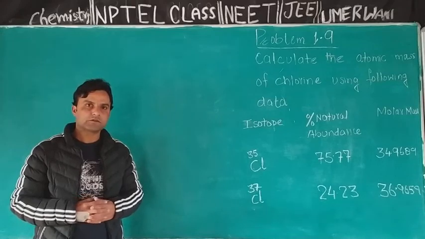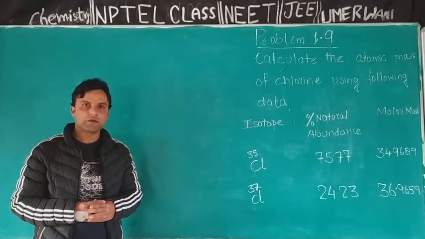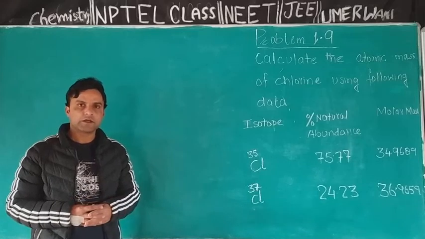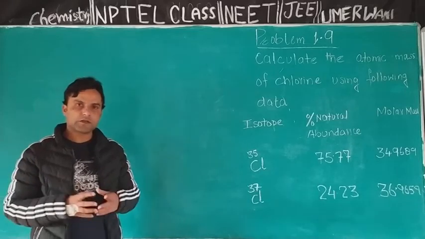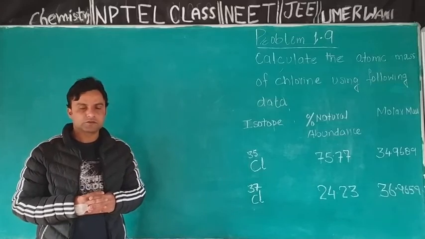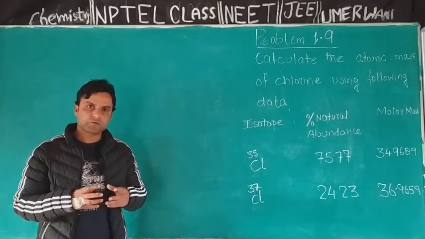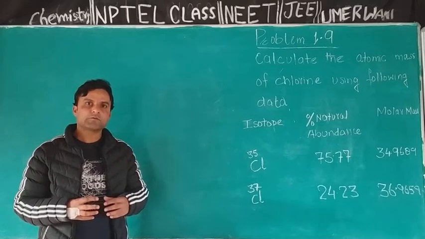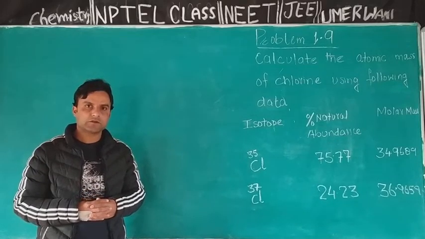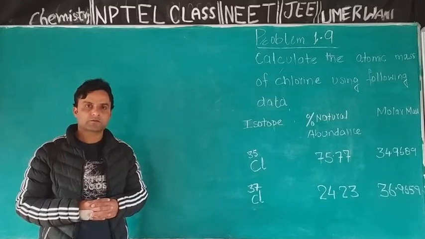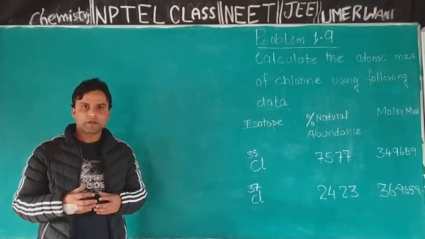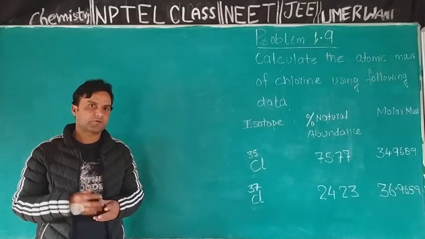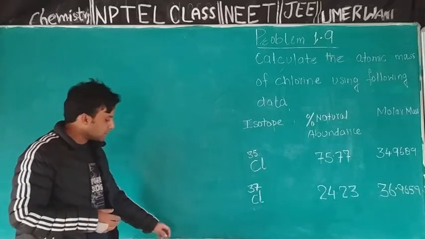This concept is named average atomic mass. It is equal to the average of the relative atomic masses of all its isotopes, and is calculated using this equation.